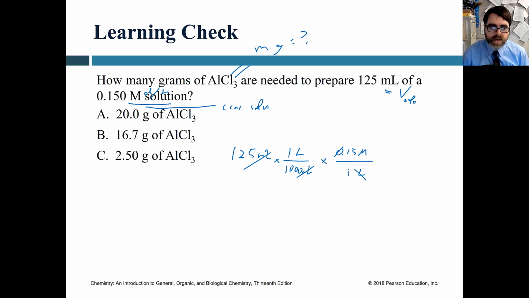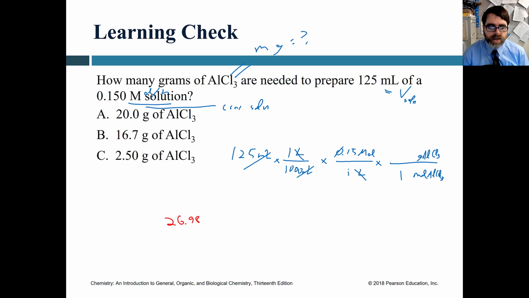So now my liters cancel out. I then can get rid of my molar, which was really moles per liter. I'd already done the liters, so moles there. And I need to get rid of my moles of AlCl3 here and turn that into grams of AlCl3 here. I didn't quite give myself enough room up there, so I am going to work out the mass of AlCl3 here.